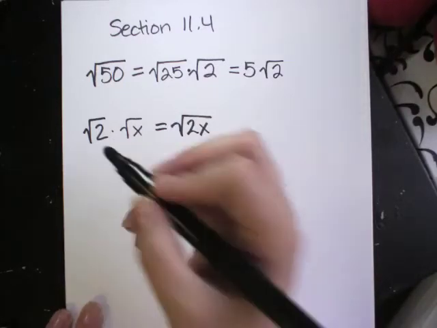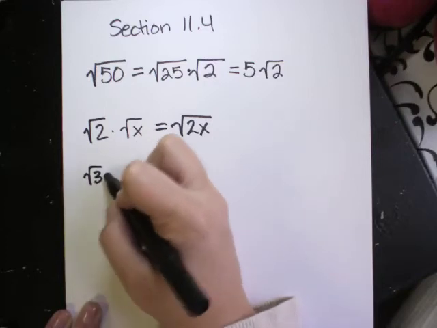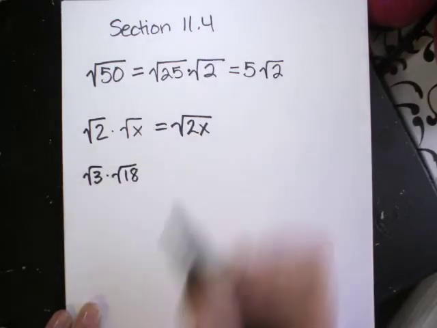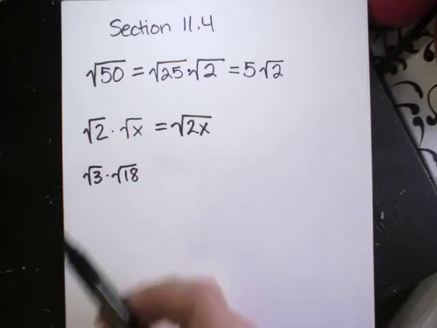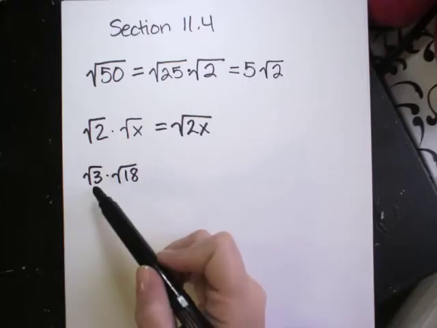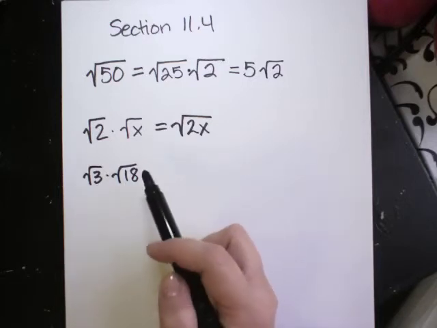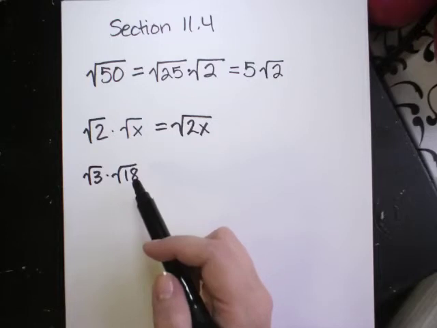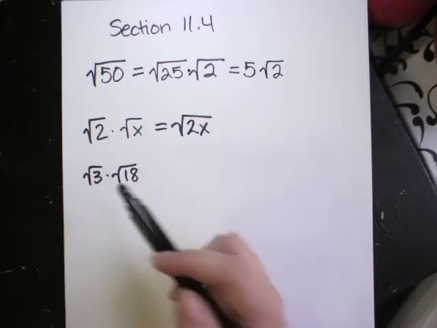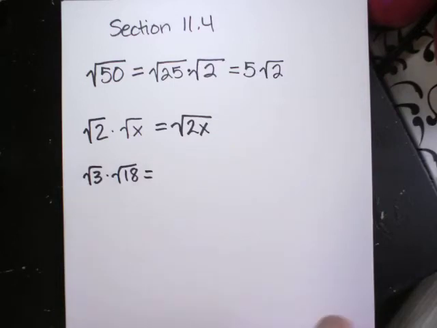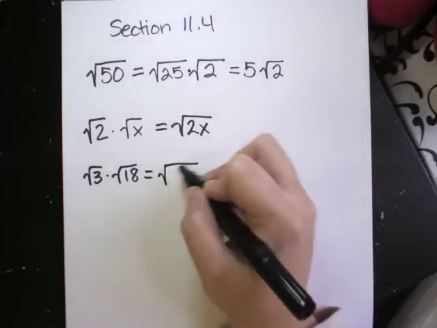If I have the square root of 3 times the square root of 18. Right now, 3 does not have a square root, and 18 does not have a square root. You might recognize that we could simplify 18, but let's go ahead and combine them together first. So what's 3 times 18? 54.